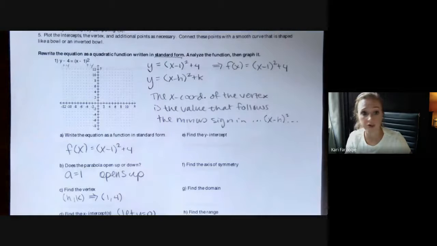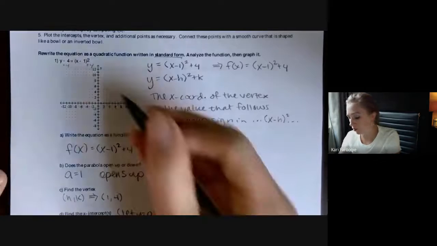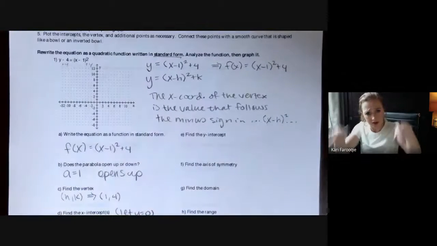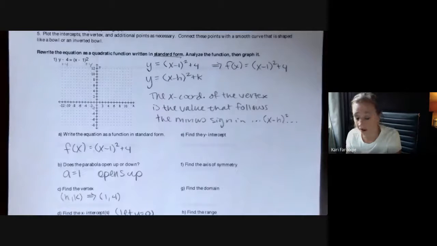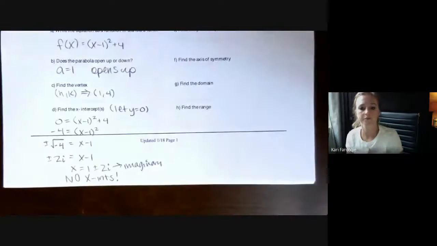In that case, you don't even need to show me the work because there's nothing to show, if you can explain how you arrived at that conclusion. So that's fine. If you plot the vertex and say it opens up, there's no way it could possibly hit the x-axis, I understand. That makes sense. Questions about the x-intercepts?